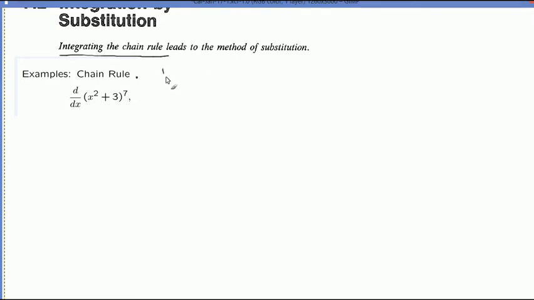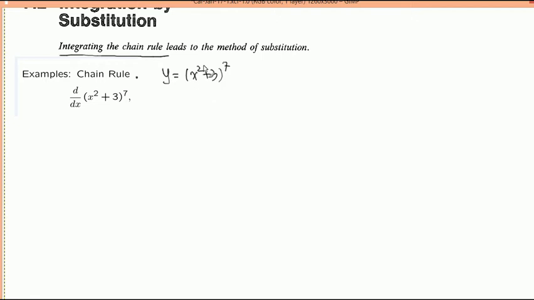So y here is the function (x squared plus 3) raised to the 7th power. If you think about the order of operations to compute this, it involves several operations, but you can always divide it into two groups. First you calculate x squared plus 3 and then raise it to the 7th power, right?